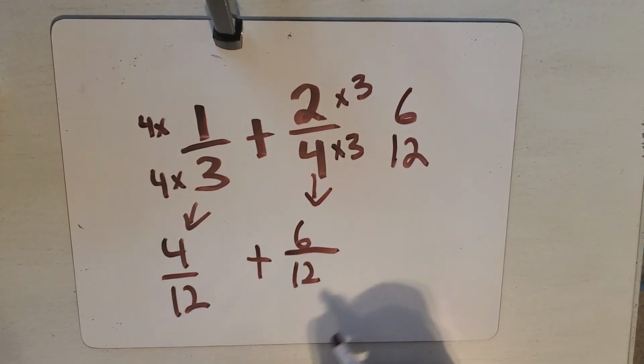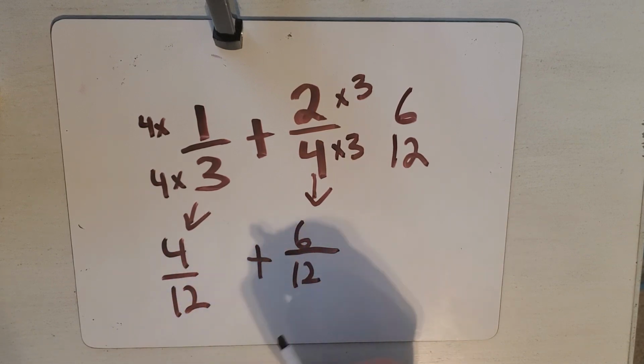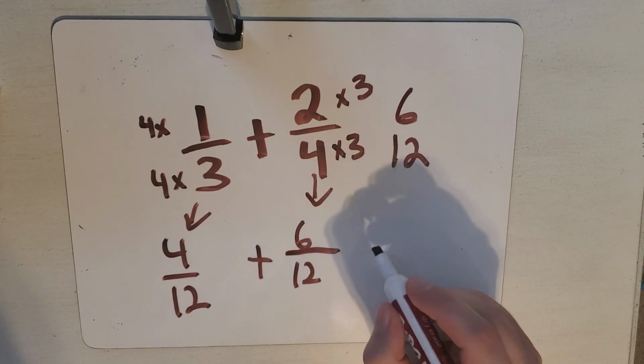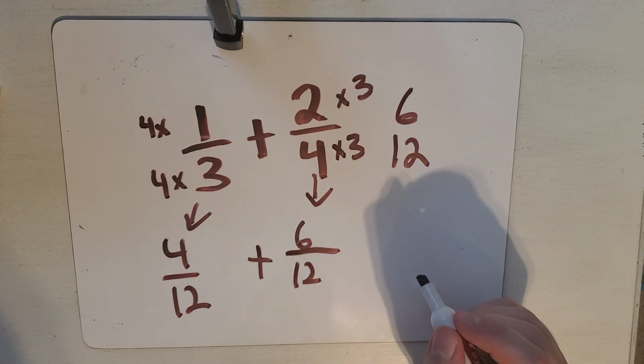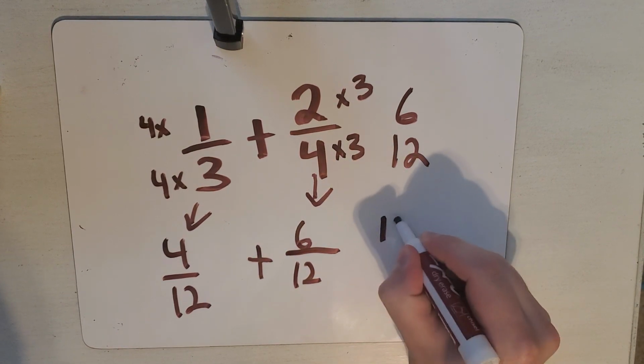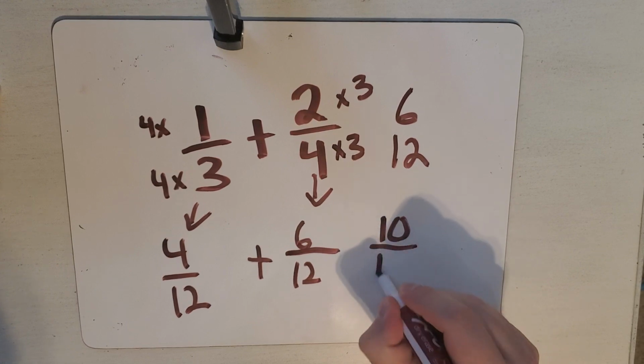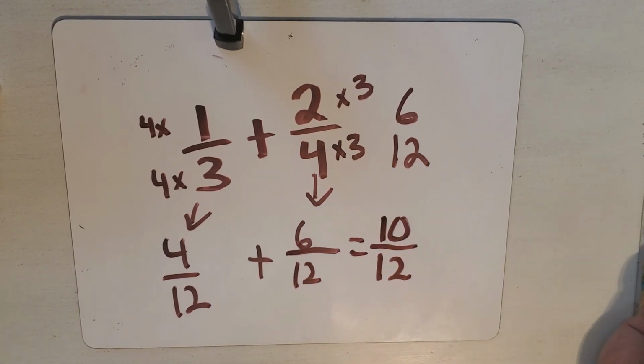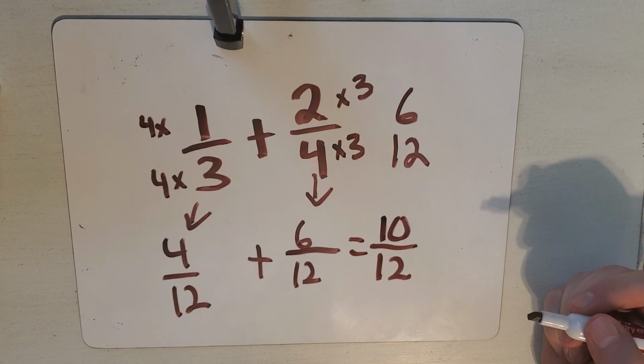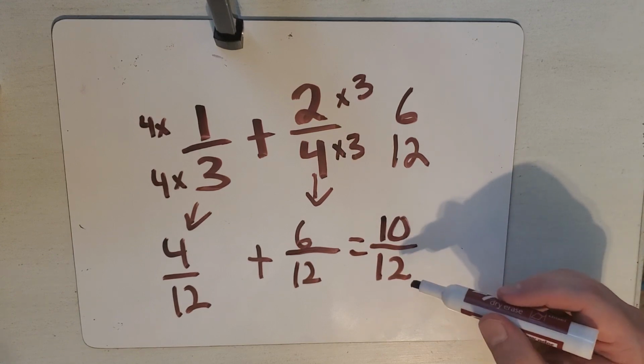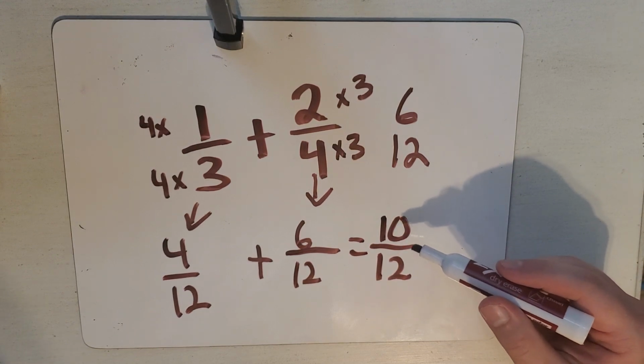But so now I could actually add these together and then actually reduce from there. I could say 4 plus 6 is 6, 7, 8, 9, 10. That's 10 over 12. And then I'm going to have to reduce that also, because I would know that 2 is a factor of both of these.